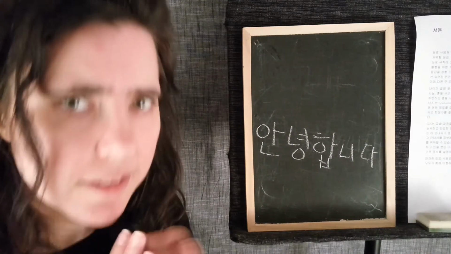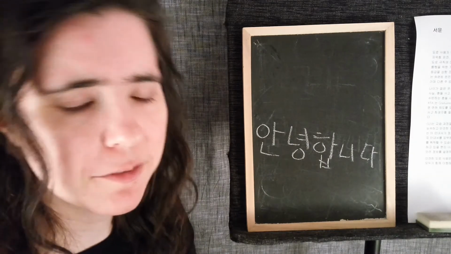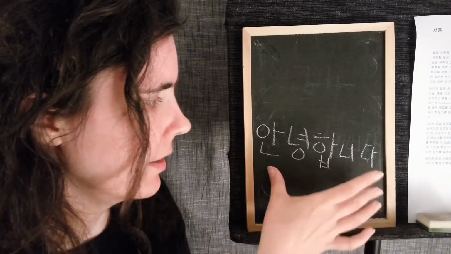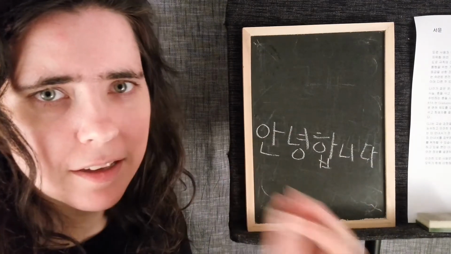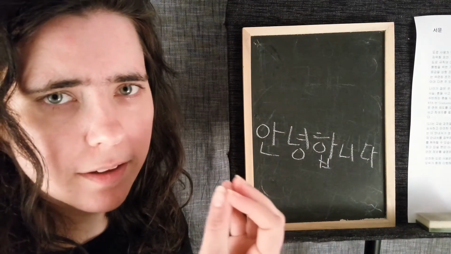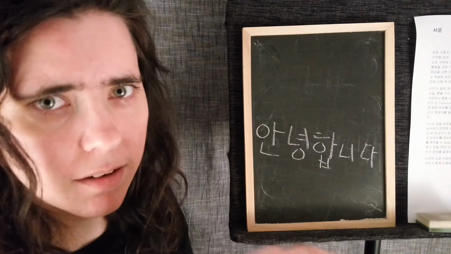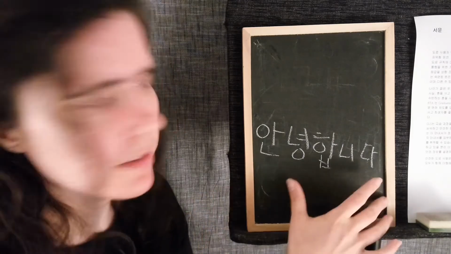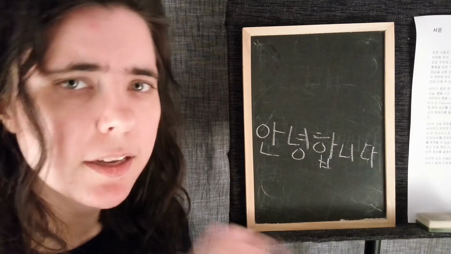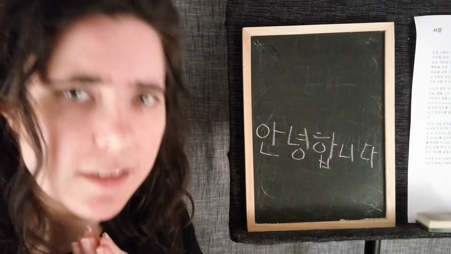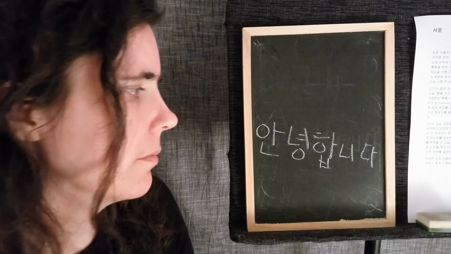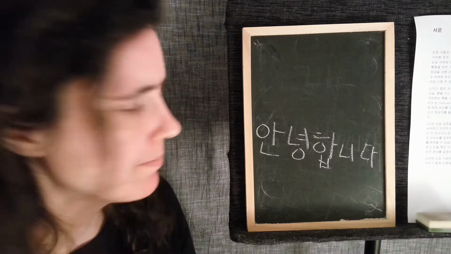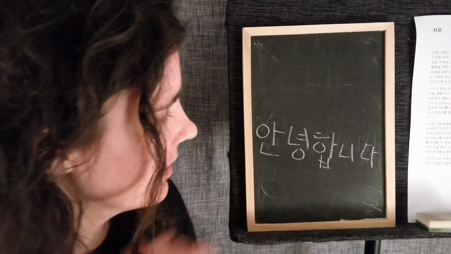So, 안녕하세요 is a kind of more familiar way, but 안녕합니다 is the kind of base way of saying it. The aseo is a different ending for this, but this is your greeting. So how you would say hello, 안녕합니다, or 안녕하세요, or something like that. So that is our greeting.